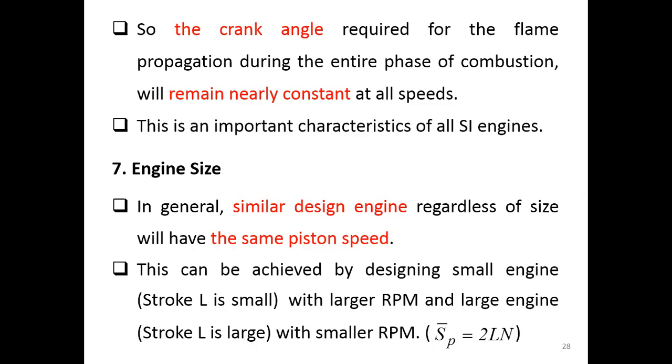Because the piston speed formula depends on the stroke and the engine speed, for a large stroke you have to use a smaller RPM, and for a small stroke you have to use a higher RPM to keep the piston speed the same, if you use a similar design for these engines.